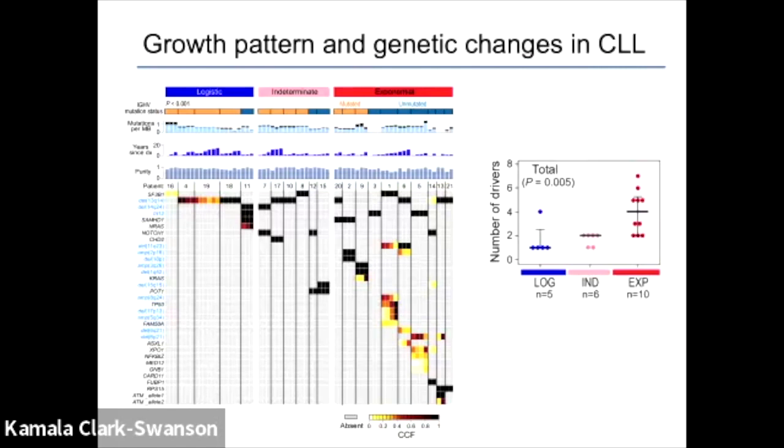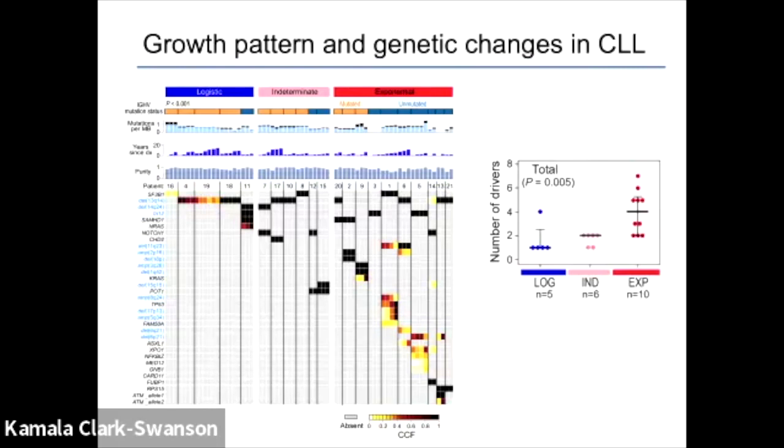There are two interesting things we can see from this analysis. The first, which we also show in a different way on the right, is that logistically growing CLLs tend to have, on average, a single driver mutation, whereas exponentially growing CLLs on average have 4 different driver mutations, which is a significant difference even in this small data set.